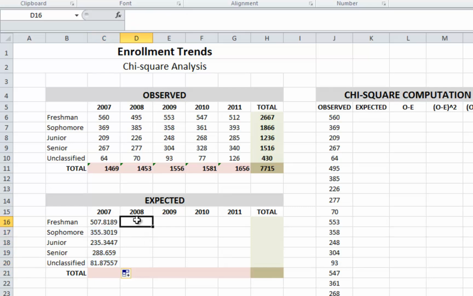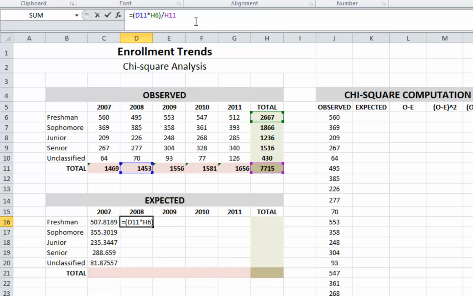So what are we going to do here? Same type of formula. Equals, open parentheses, we want to multiply that column total with the row total, which is the 2667 again, close parentheses, and then divide by our grand total. So there we go. Now again, I want to keep certain things the same.